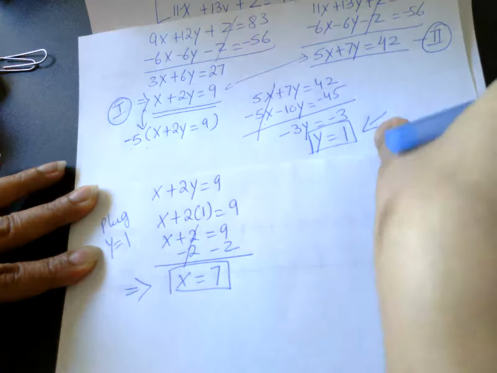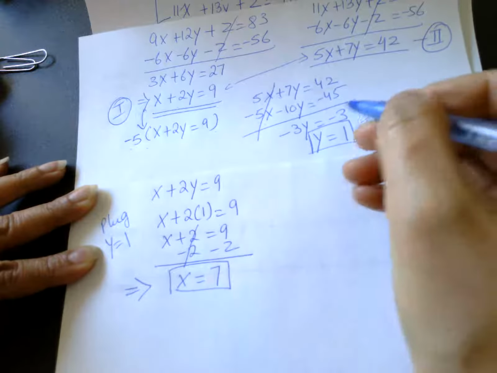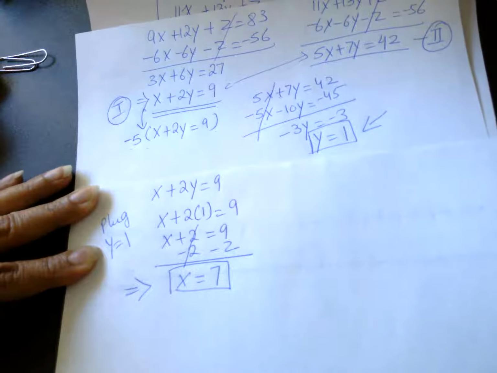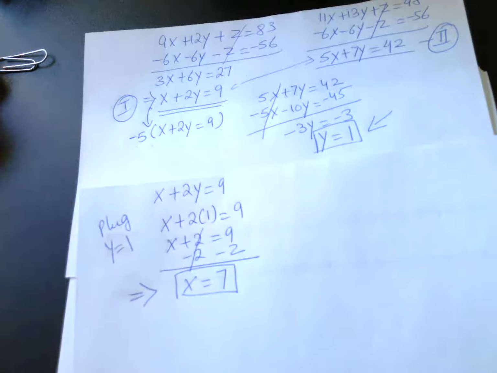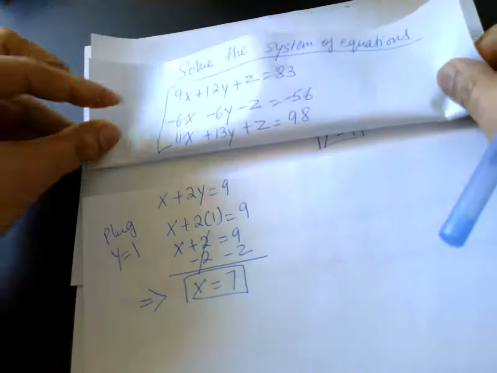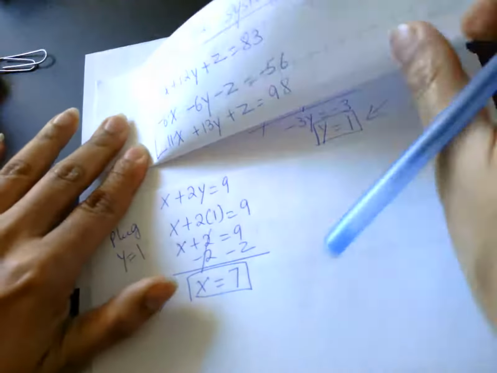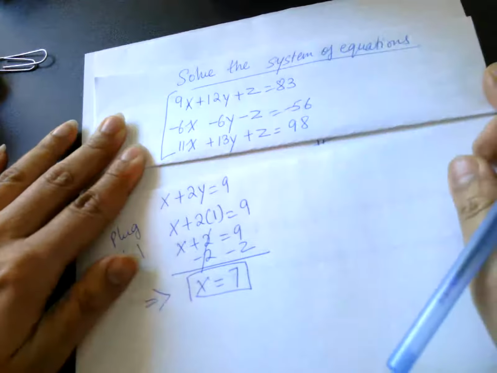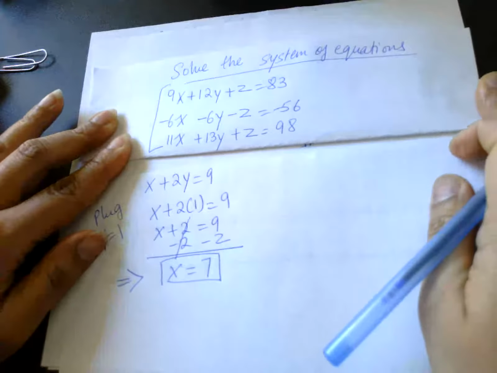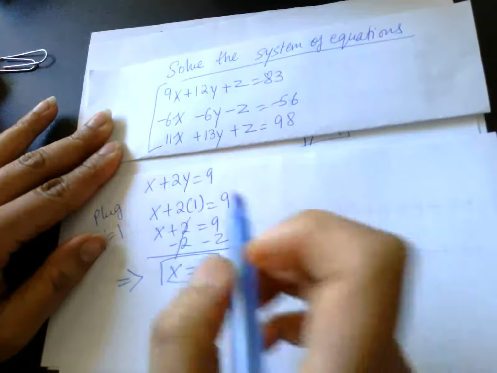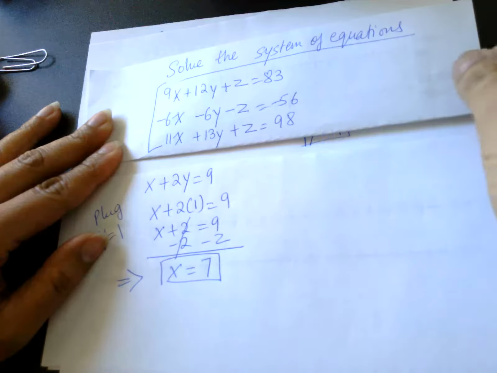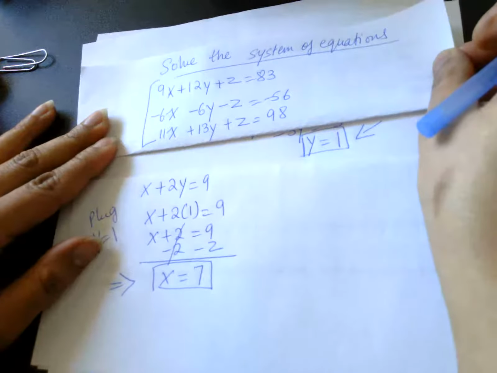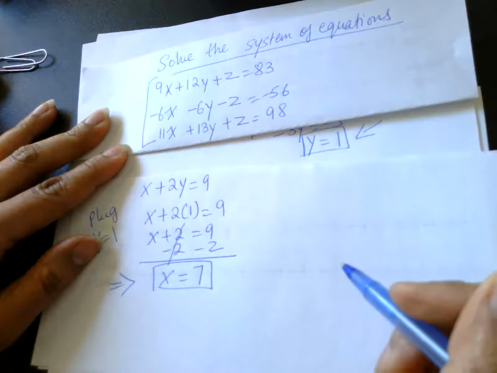Let's plug the values of x and y into any of the three given equations that we started with. We started with these equations: 9x plus 12y plus z is equal to 83, minus 6x minus 6y minus z is equal to negative 56, and 11x plus 13y plus z is equal to 98. You have a choice. You can plug into any of the equations and get the value of z.